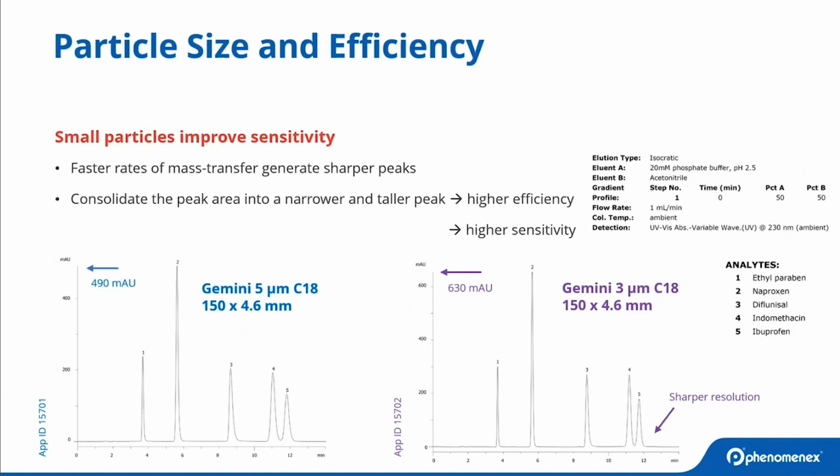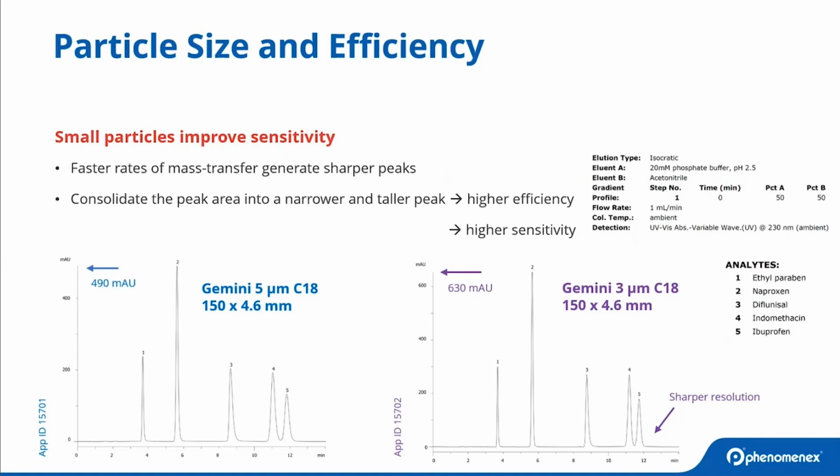So let's first take a look at how we see improvements to our sensitivity. Once again, same sample, same particle morphology, same column dimensions, same instrument conditions. We were just comparing 5-micron fully porous Gemini C18 particles with 3-micron particles from the Gemini C18 particle morphology. And we see we have sharper peaks that generated greater sensitivity, specifically taking a look at our UV-Vis values of 630 on the 3-micron particles compared with 490.